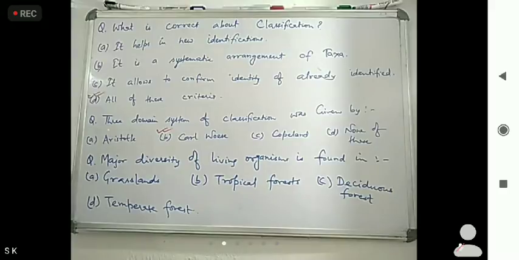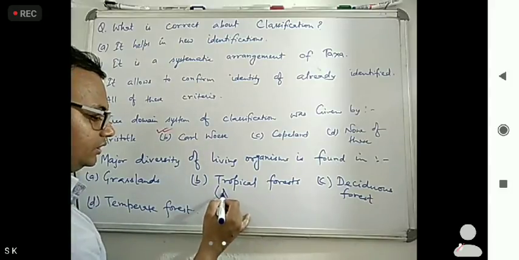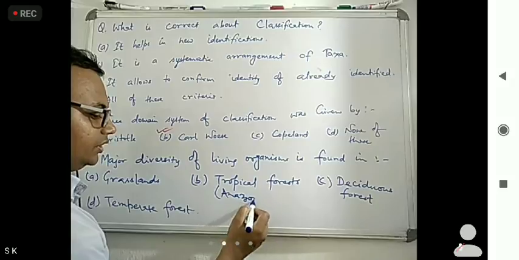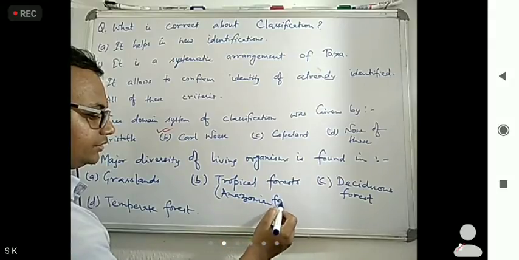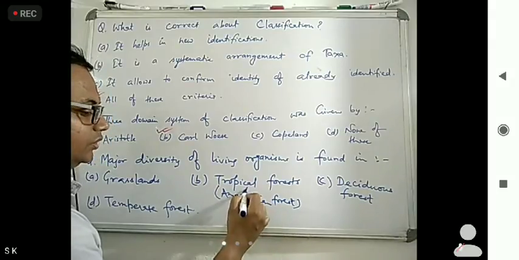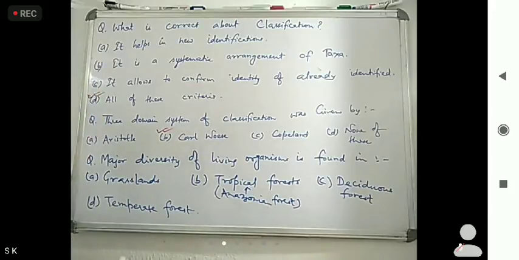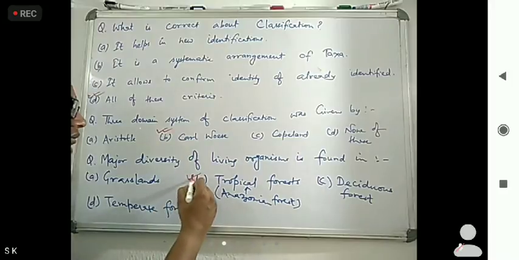We already know that major diversity of living organisms are found in the Amazon forest, and this belongs to tropical forest. So major diversity of living organisms is found in tropical forest.